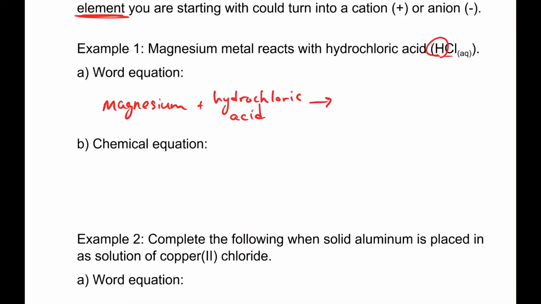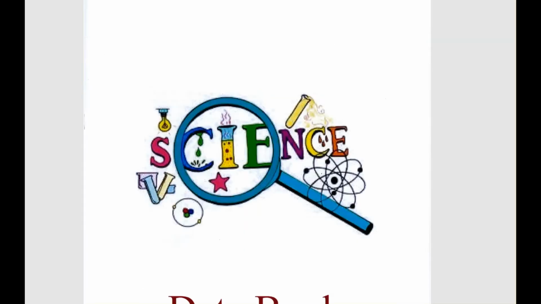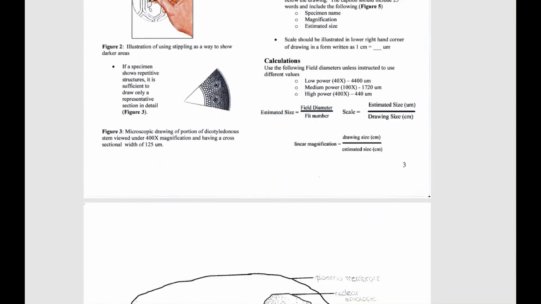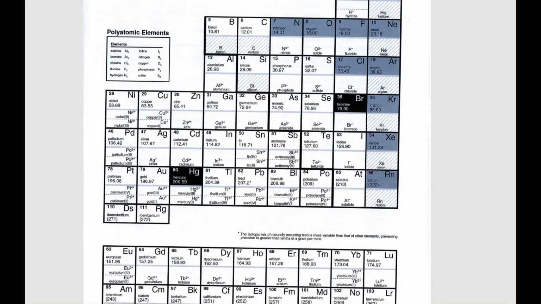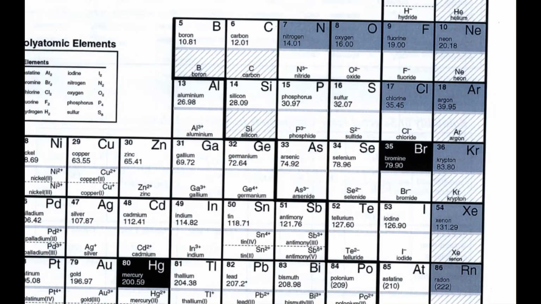Let me prove to you that the hydrogen can be a positive ion. I mean, for sure, the chlorine cannot be a positive ion. Here, I'm just going to look at the periodic table. So when we go in here, right, chlorine can act as a positive or a negative ion. Well, it can only act as a negative.